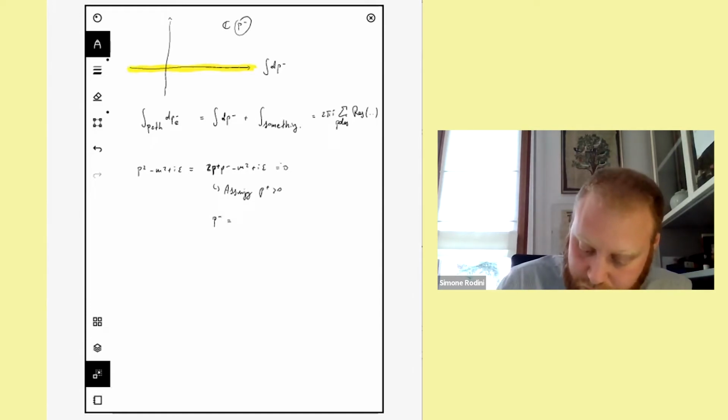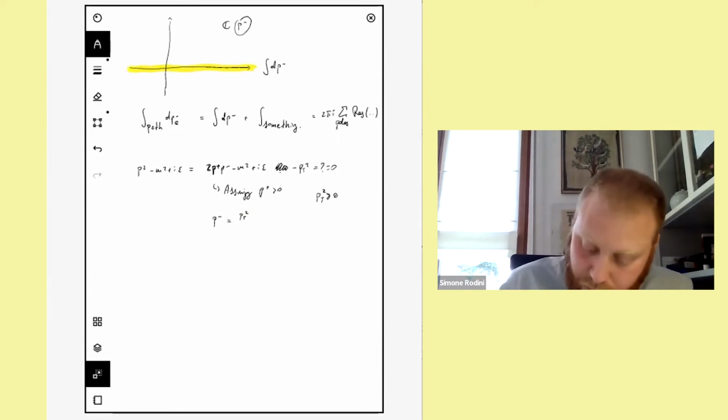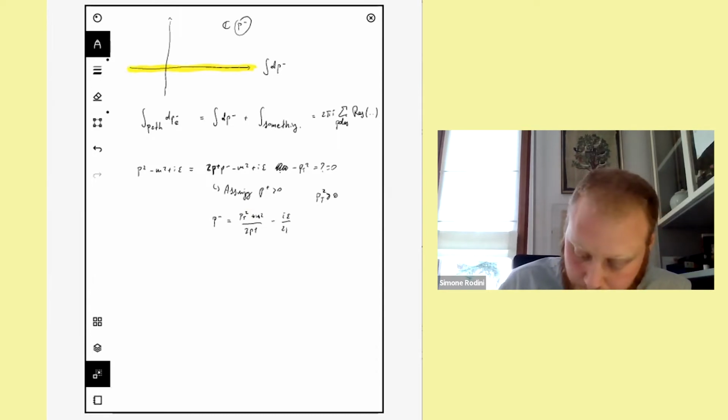You ask when this is equal to 0, you get that p minus is, of course, minus pt squared. You get pt squared, in which incidentally pt squared is greater than 0, so this is Euclidean, really. Plus m squared over 2p plus, and then minus i epsilon over 2p plus.